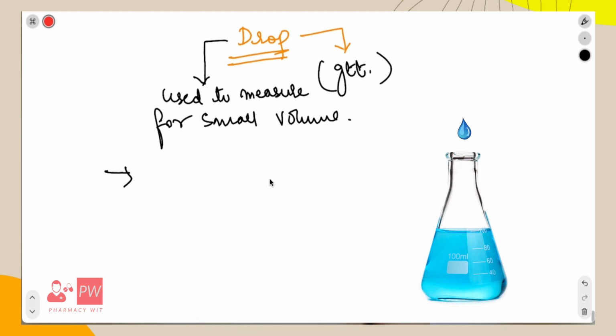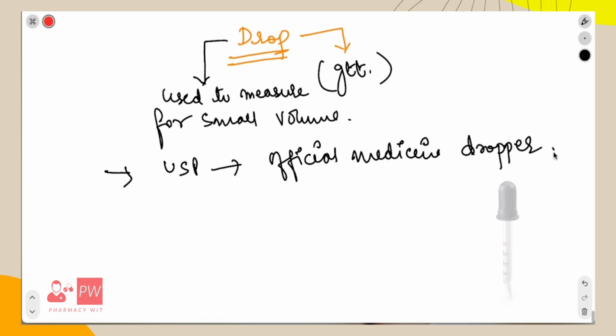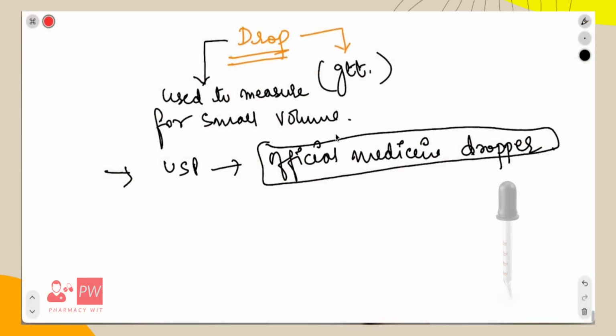In an attempt to standardize the drop as a unit of volume, the United States Pharmacopeia defines the official medicine dropper. It should have a round opening with an external diameter of 3 mm, and when held vertically it will deliver water in drops.